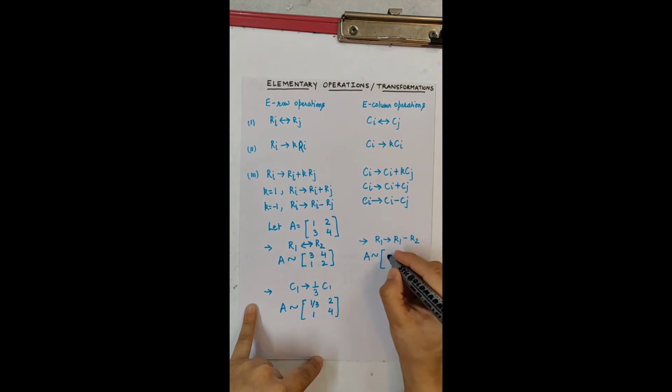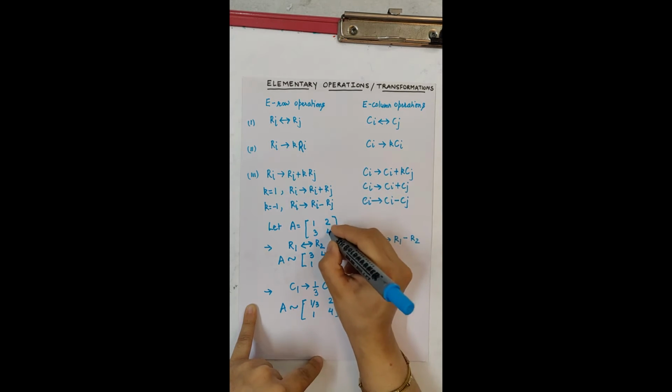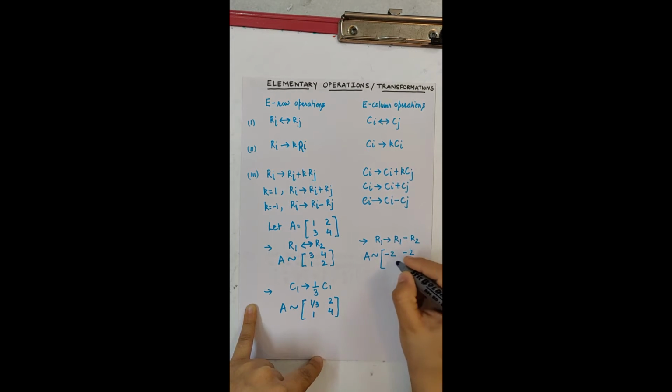So 1 minus 3 will give me minus 2, 2 minus 4 will give me minus 2, and the second row remains as it is because I am not applying any operation to the second row. I am not transforming the second row. So it remains as it is and the matrix A gets transformed like this.